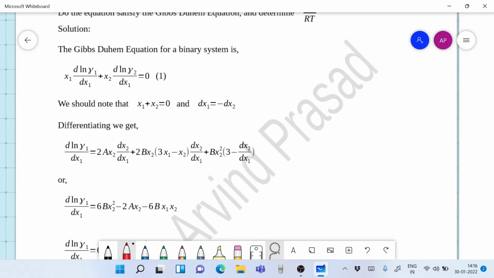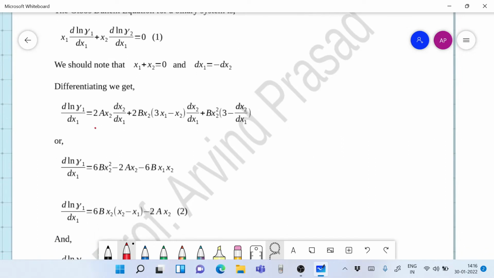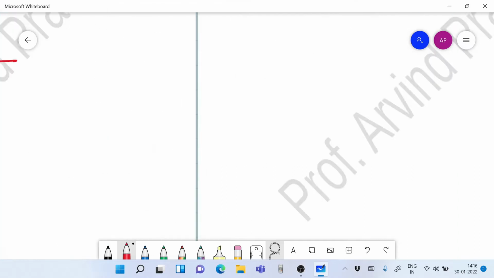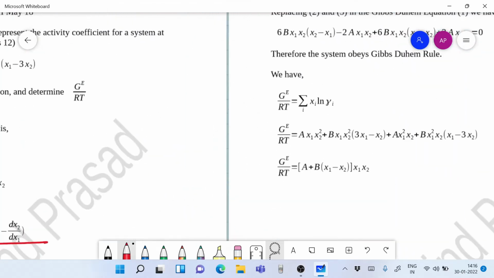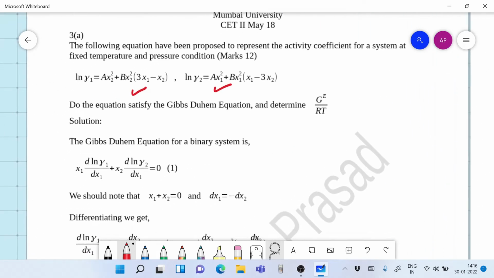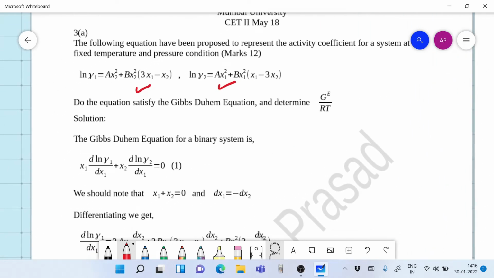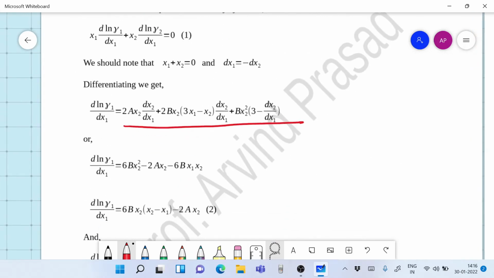Now differentiating ln gamma 1 with x1, we get the following, that is 2a x2 dx2 by dx1. If we differentiate this, we get 2a dx2 by dx1. That is what I have written here.